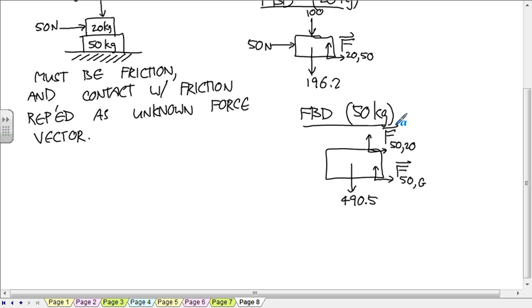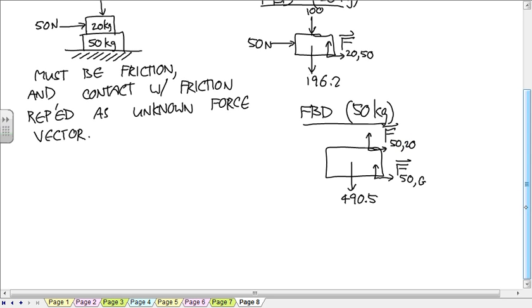Yeah, we just haven't talked about it yet. But that's exactly right. So this is where you would use Newton's third law. What that's saying is we don't know this component or this component of this vector.